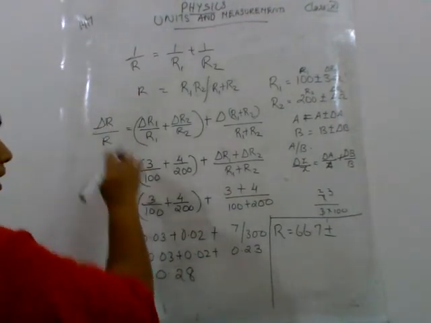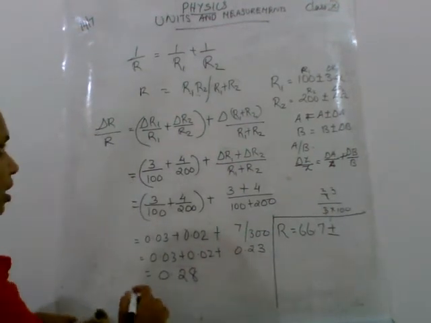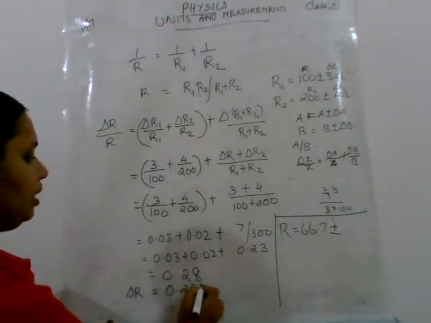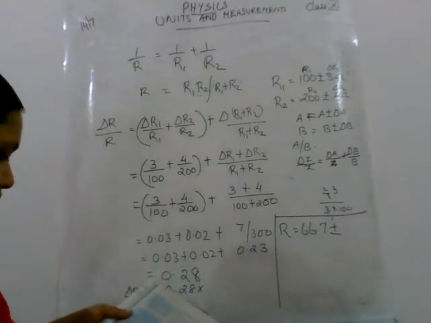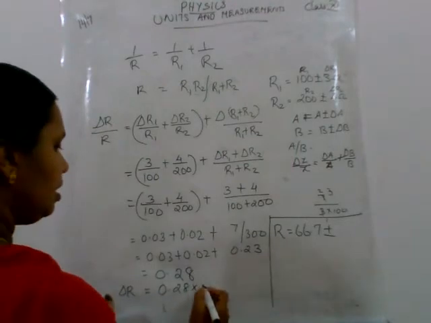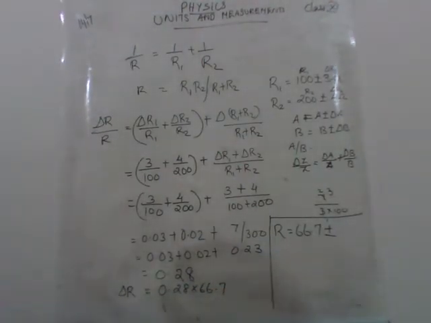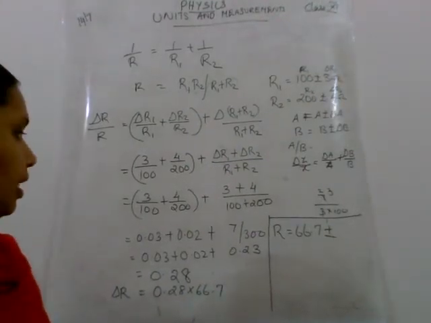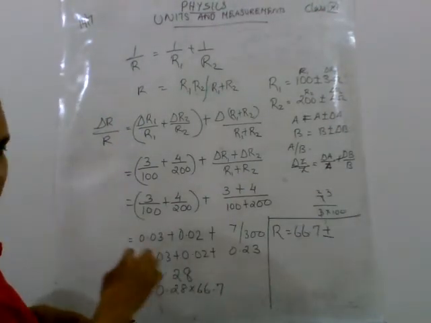What is delta R? 0.28 into R, and R is 66.7 that we got already. So 0.28 into 66.7 is our delta R. Here we are getting delta R by R, which is 0.28.